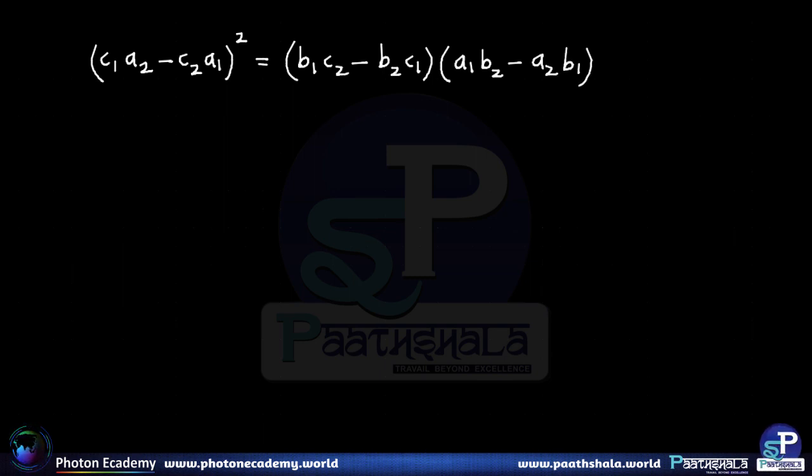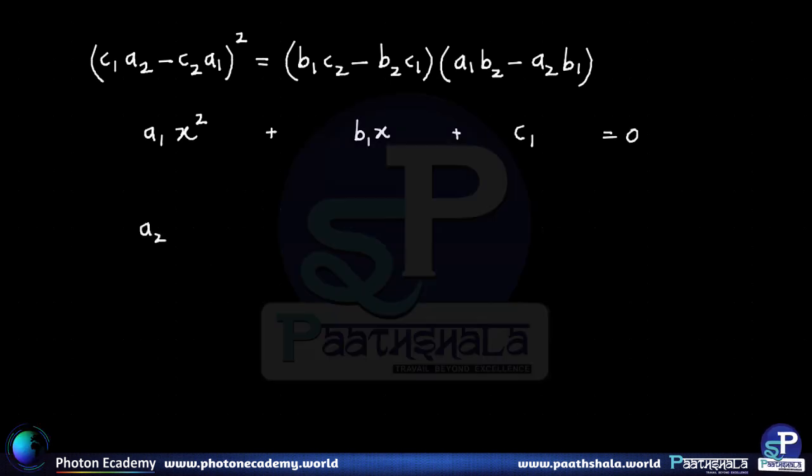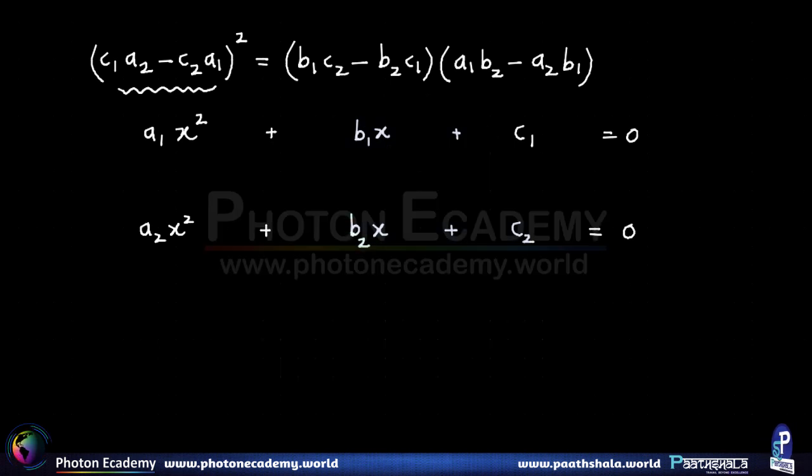Now this may look a little bit difficult to remember, but there is a simple way how we can remember it. So let us rewrite the terms of the two equations as a1x square plus b1x plus c1 equal to 0, and the other is a2x square plus b2x plus c2 equal to 0. Here if you look at the first term on the left hand side, which is getting squared, it is c1a2 minus c2a1.